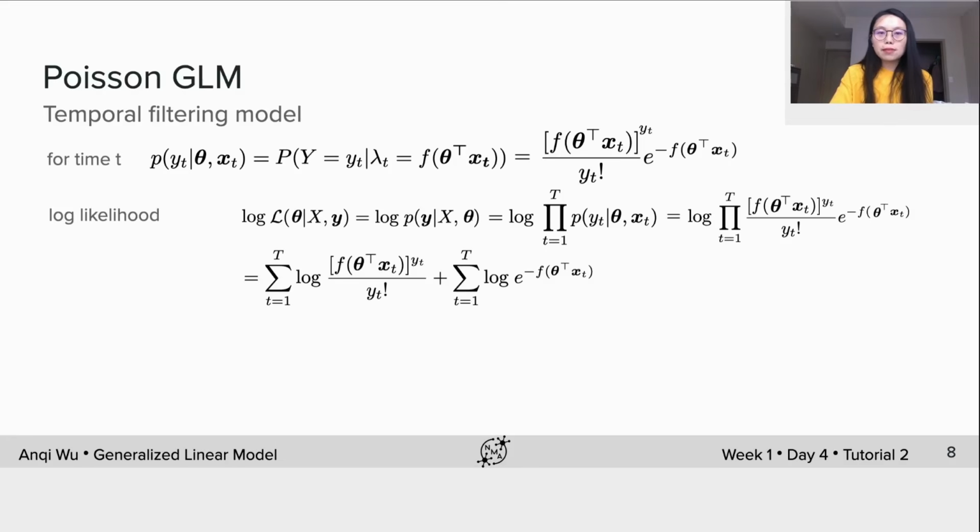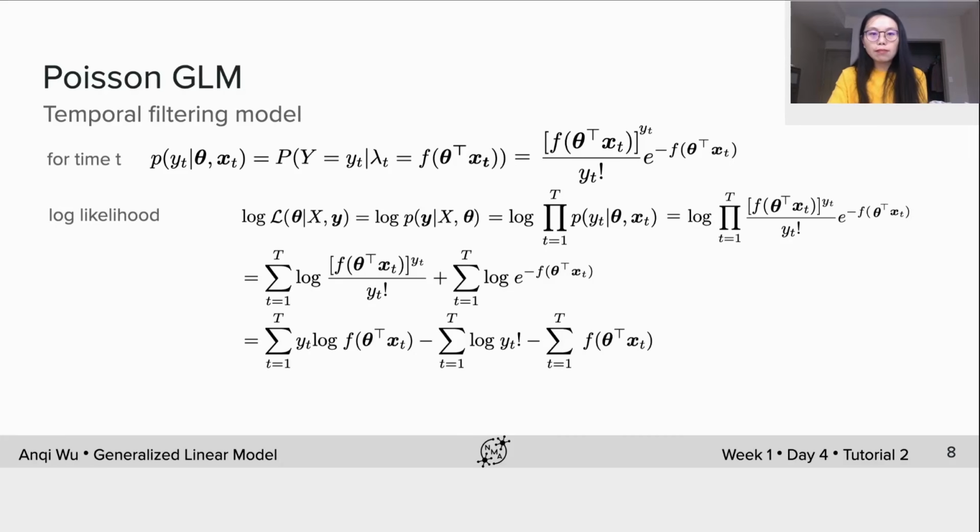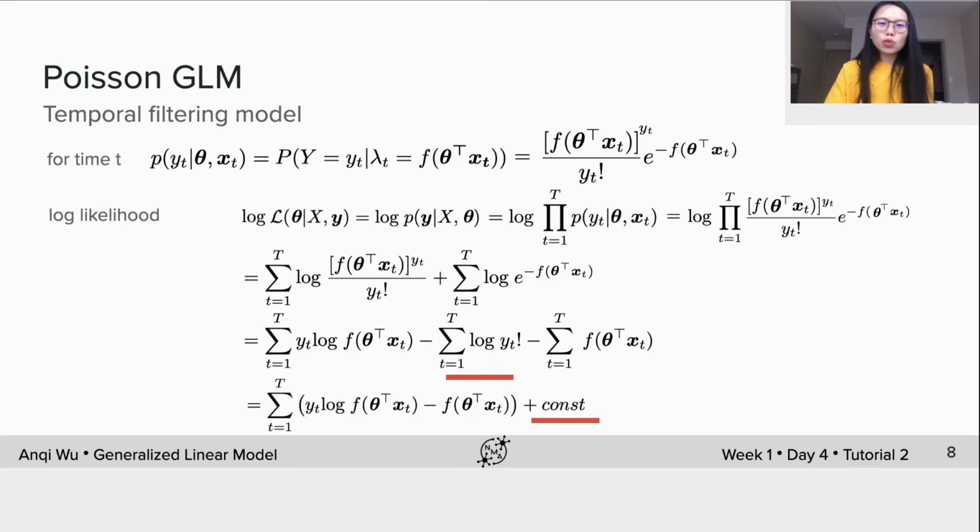The first term ends up being a summation of yt multiplying log f minus log of yt factorial. And in the second term, the logarithm is cancelled by the exponential, thus leaving us a summation of f. We notice that the first term's log yt factorial part doesn't involve theta, thus it's a constant term during the optimization. We could further clean it up into this form. And finally, we can rewrite it in vector form, throwing away the sum.